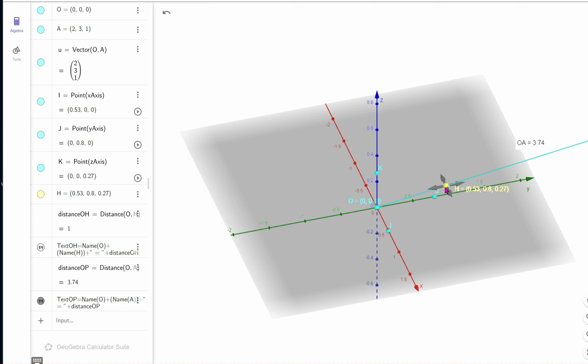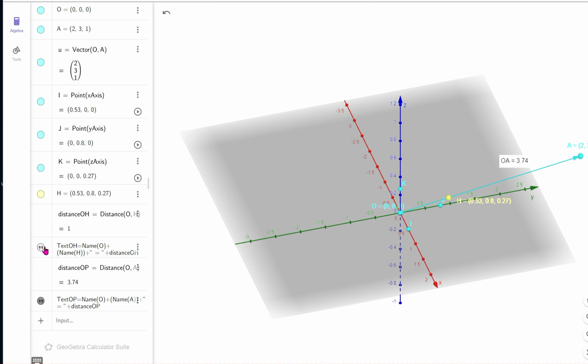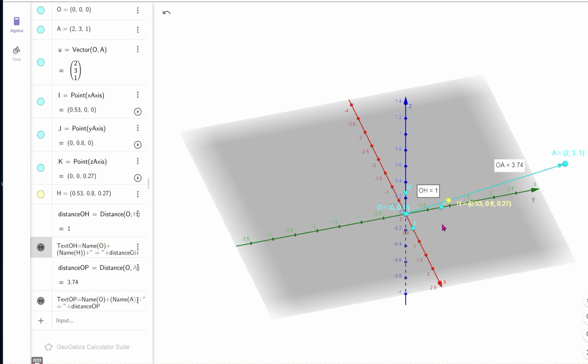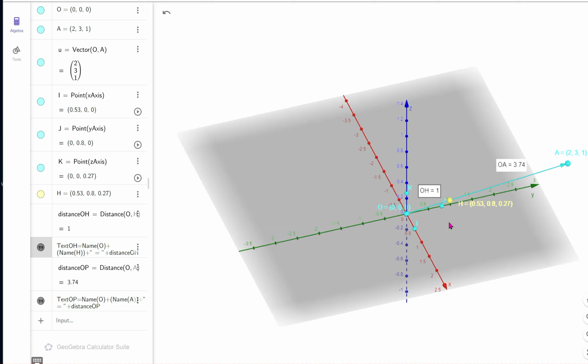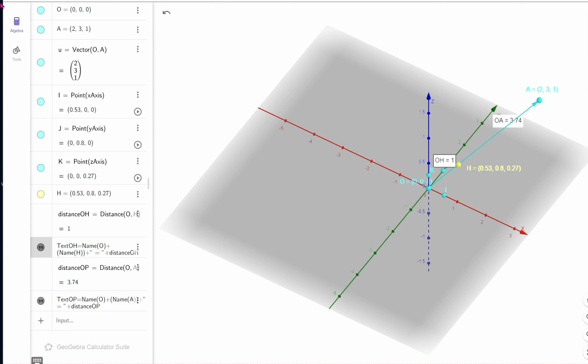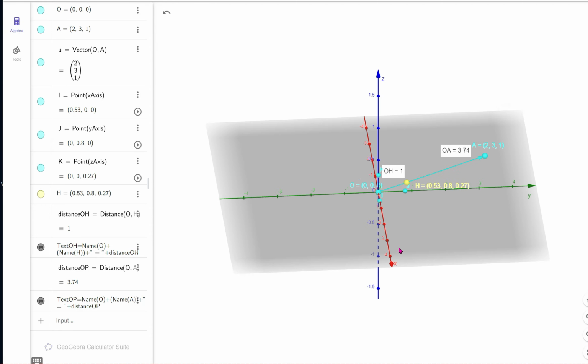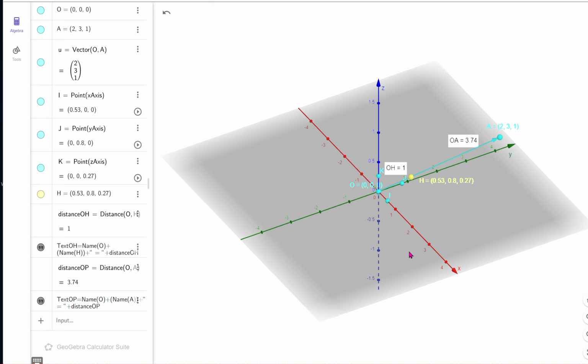That is the meaning of unit vector. So let's measure. When I measure OH, the length of this vector comes as 1 unit. This is what a unit vector along the direction of the main vector is. If you understand this concept, then you can solve all the unit vector problems in the vector algebra chapter very easily.